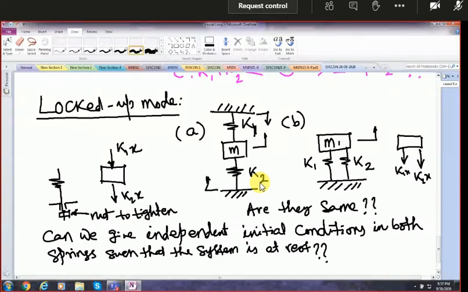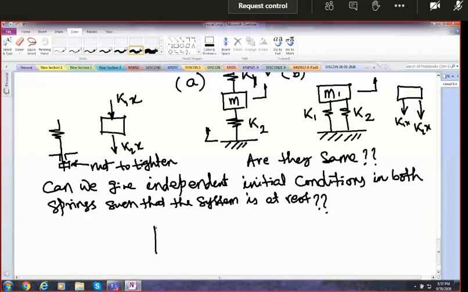So if you have some mass with some spring, we can press them and still let the mass be in equilibrium. For example, here is a mass with a spring on each side.